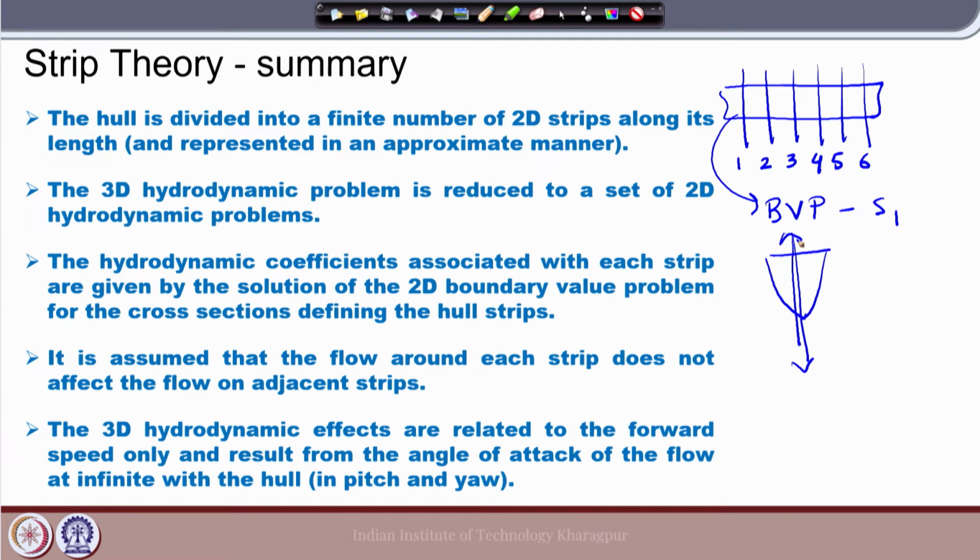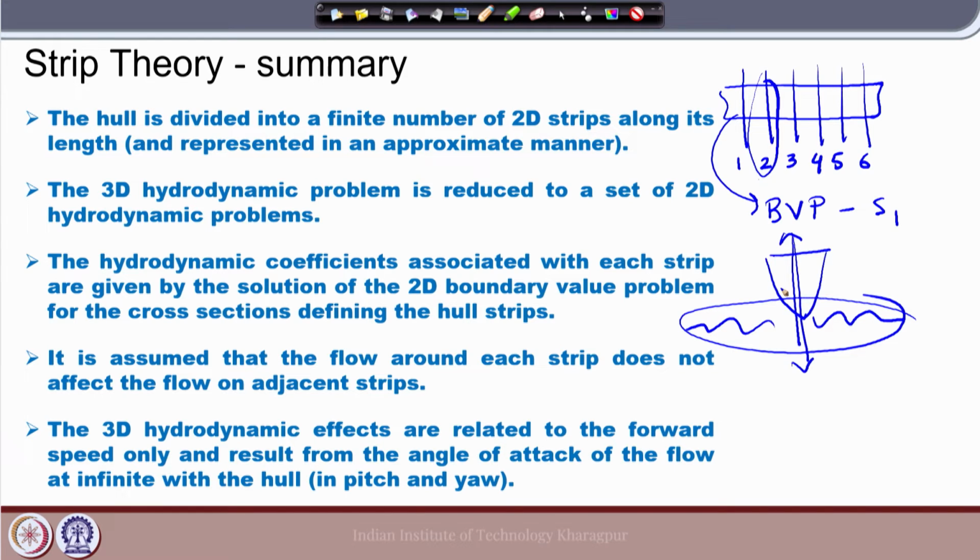Okay. Now, when I oscillate this in the heave mode, then definitely I get some waves on all sides. So, when we are going to solve for the second strip, there should be some effect of the wave coming from the first strip. Normally, there should be some effect, right.